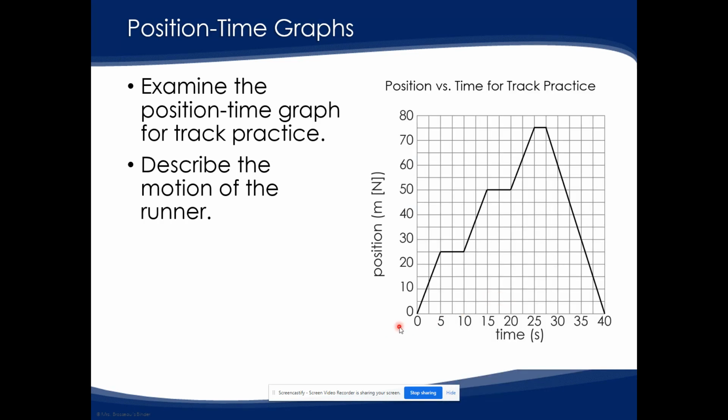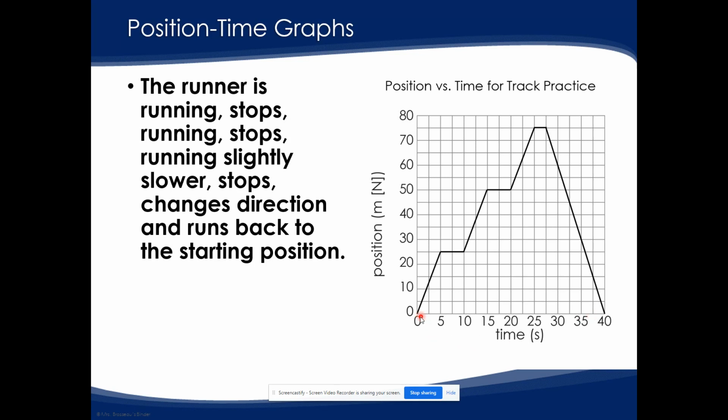So let's look at this position time graph according to what someone did during track practice. Track practice apparently only lasted 40 seconds long, but if we're going to describe the motion of the runner, how would we do it?